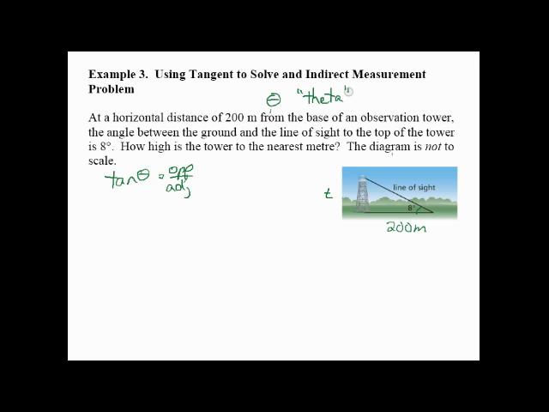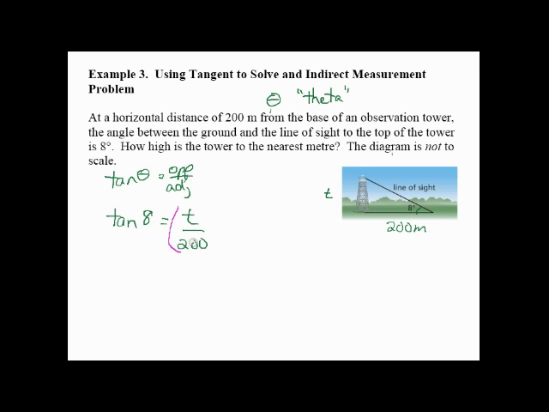So I'm just going to put that in, and then I don't need to come up with a variable for it right now. So we have tan, we're going to sub in our numbers. So we have tan of 8 degrees equals the opposite, which is t, and the adjacent is 200.